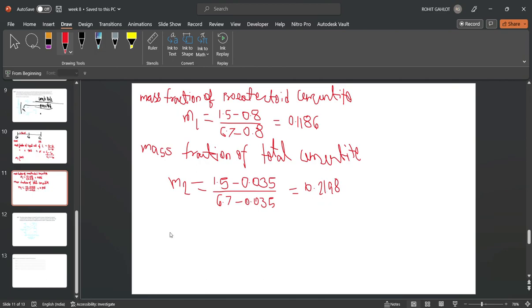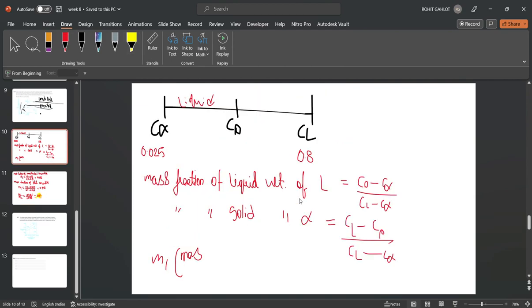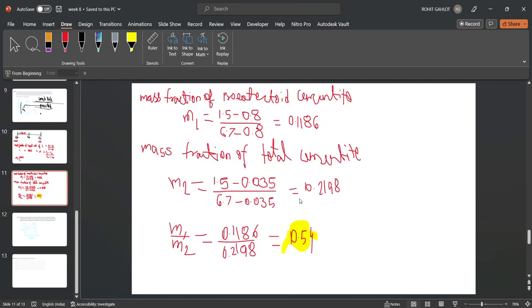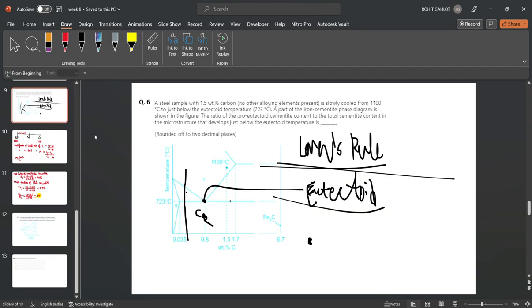So it will come as around 0.2198. The question asks for the ratio of these two, so M1 by M2: 0.1186 divided by 0.2198, and this will come as 0.54. This is your answer. So please revisit the problem, and then we will discuss again if there is any confusion left.